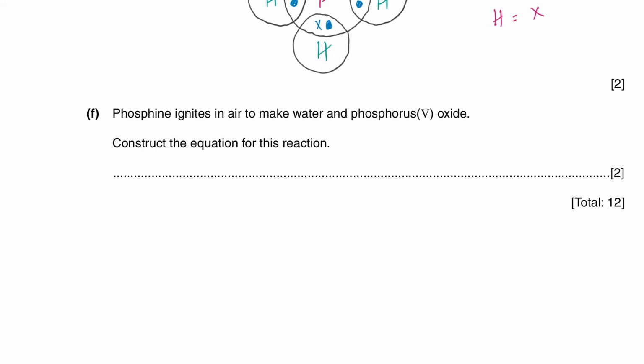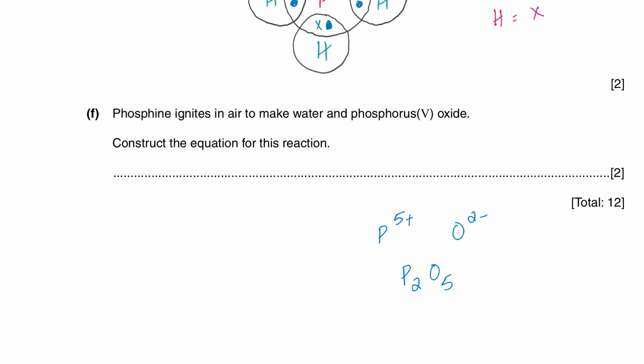Phosphine will ignite in air to make water and phosphorus(V) oxide. What is phosphorus(V) oxide, children? The 5 is highlighting the oxidation state for phosphorus, and oxygen has a state of 2 minus. What's this going to be? It's going to be P2O5, right?